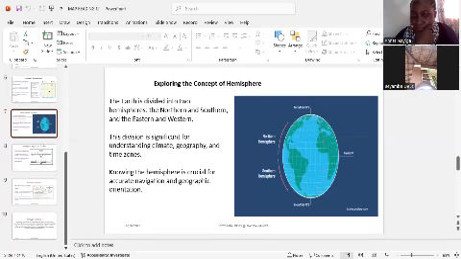Prime meridian, this is a line that cuts across the world, and especially, if you remember from my primary social studies, it passed through Accra, that's Ghana, and coming to other parts. Is prime meridian the same as the hemispheres, or is prime meridian the same as the equator?